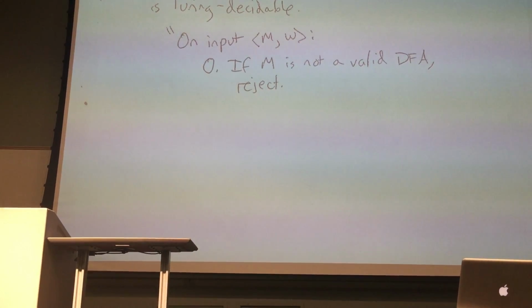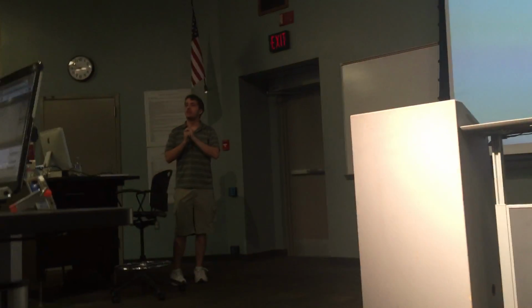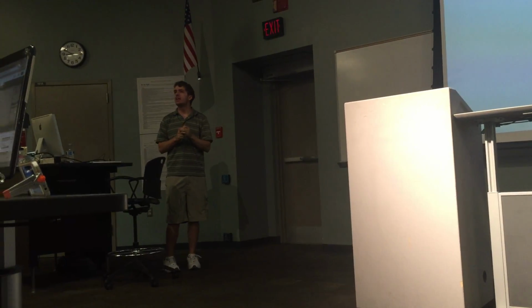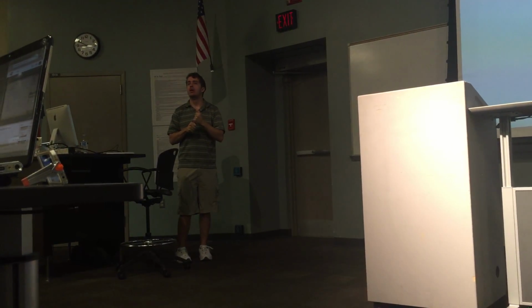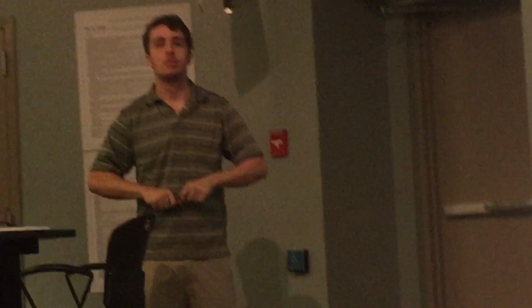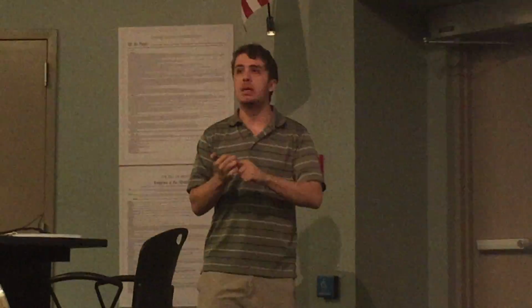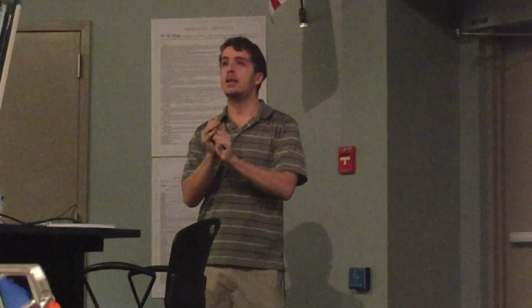Okay? So now, after this step, we have ensured that the machine is an actual DFA. So what do I need to do now? Well, I want to check if the string is in the language of the machine. How would you verify that it is a valid DFA? There are many ways that you can do that. You can ensure that it's actually these 5 tuples separated by number signs is one way.